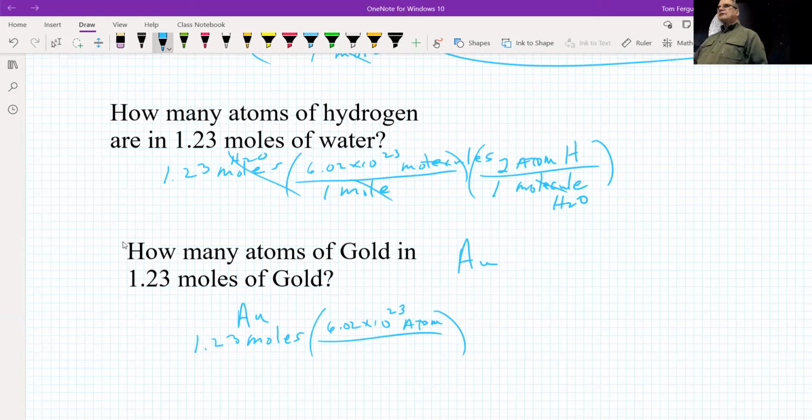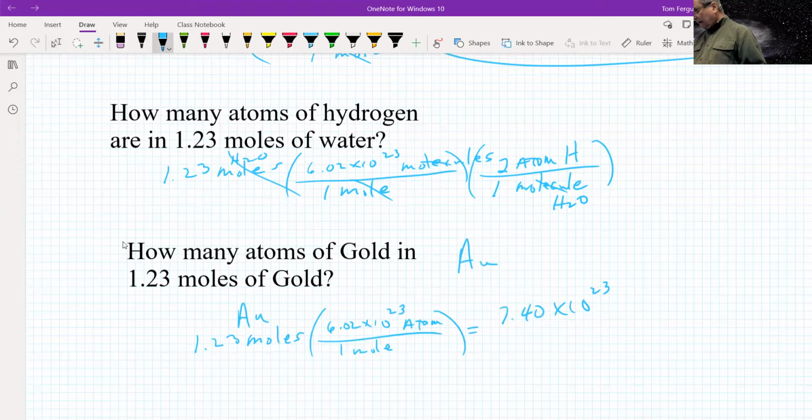That's what gold is, just Au by itself. We're going to end up with 7.40 times 10 to the 23rd atoms. So you have to look at what you're starting with.